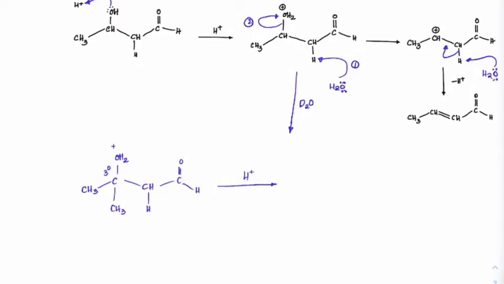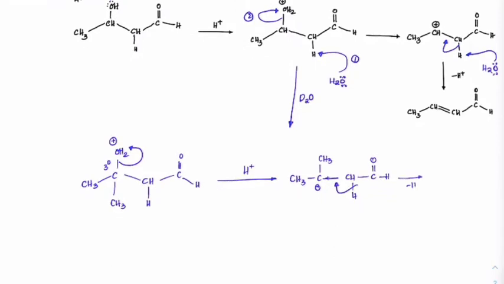First OH2 will form, this group will leave, we will get a carbocation CH3 plus, and we will have CH, H, C double bond O, H. This H is lost as H plus, and we will get CH3, C, CH3 double bond CH, C double bond OH. Here we are pretty much sure that it is always E1.